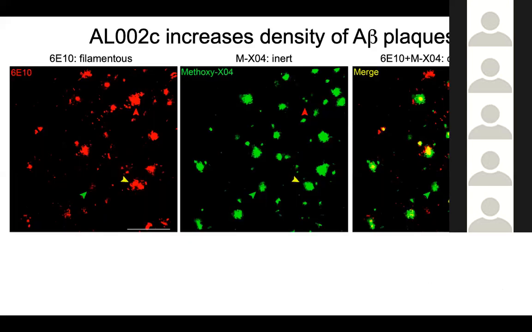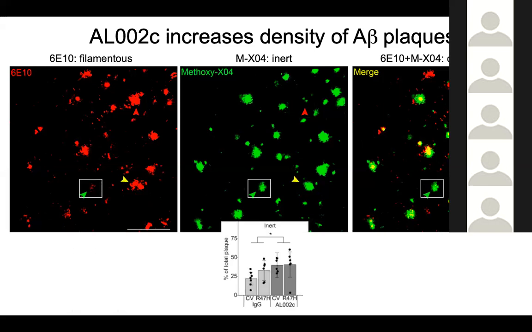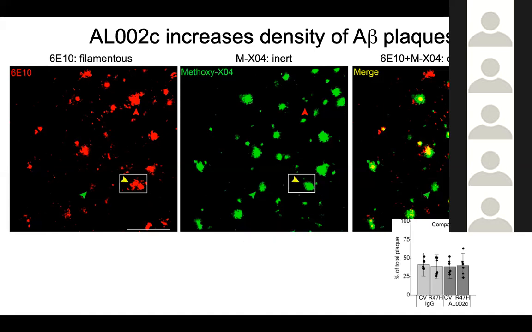So by using this immunofluorescence approach, we found that compared to the control group, the administration of AL002C induced an overall reduction of filamentous plaques across the CV and alpha-7H genotypes, and increased the percentage of inert plaque, whereas the number of compact plaques was similar between the two groups.